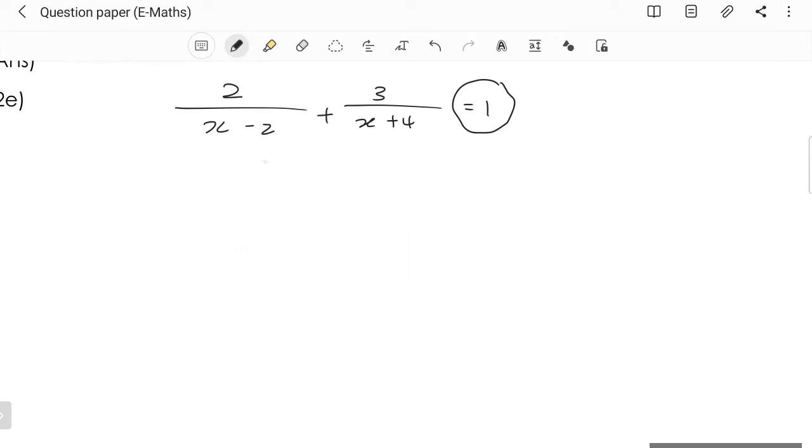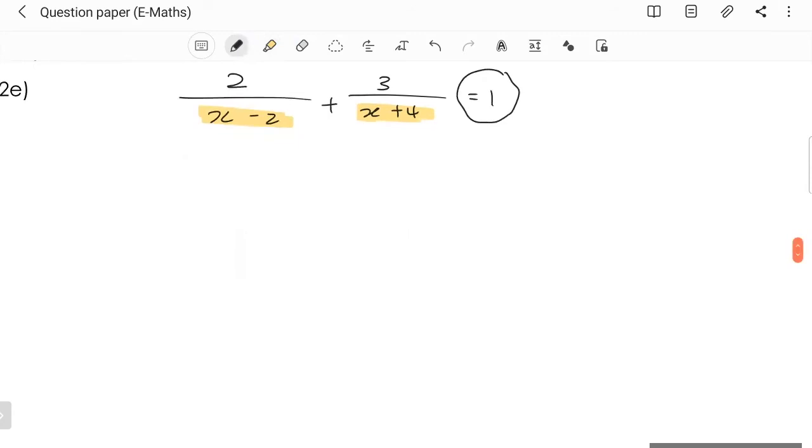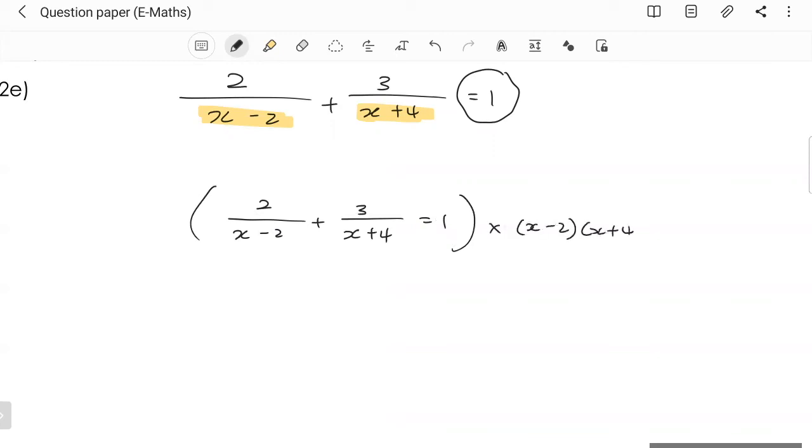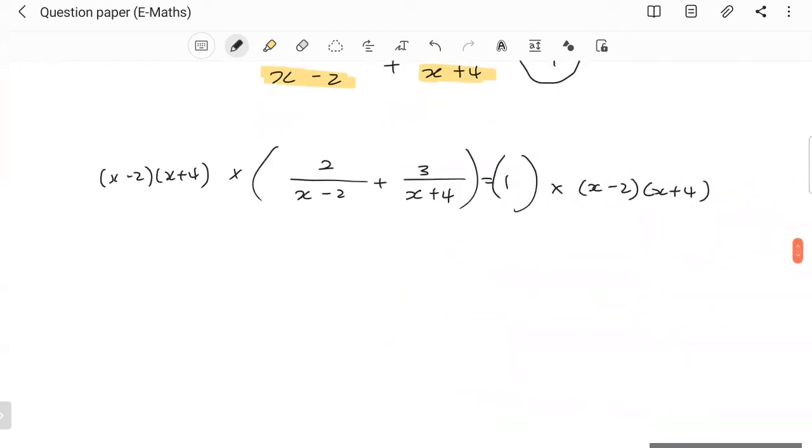I have denominators x minus 2 and x plus 4. The simplest way to remove the denominator is to multiply the whole entire equation by both of the denominators. This whole thing, I multiply by x minus 2, x plus 4. By doing so, I can remove my denominators.